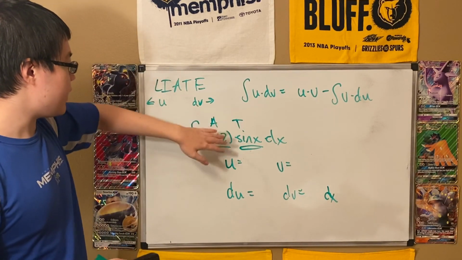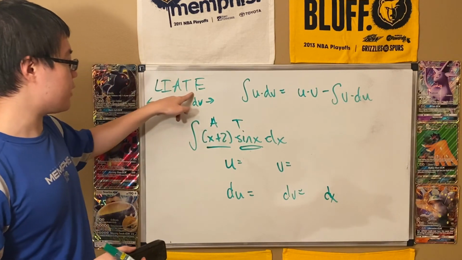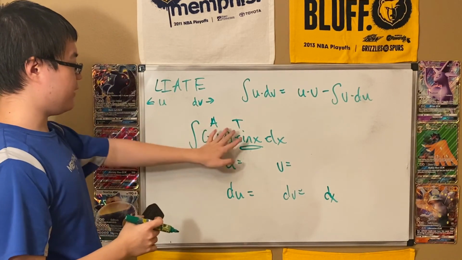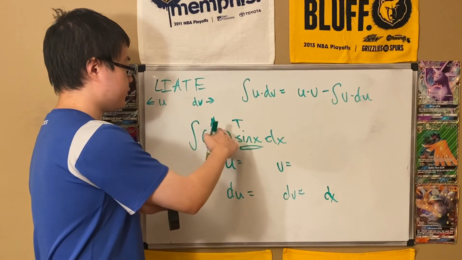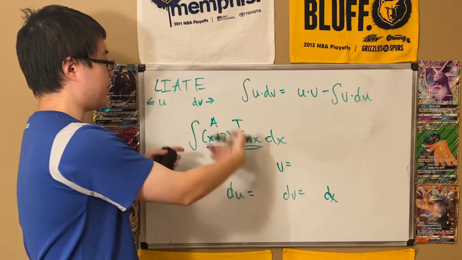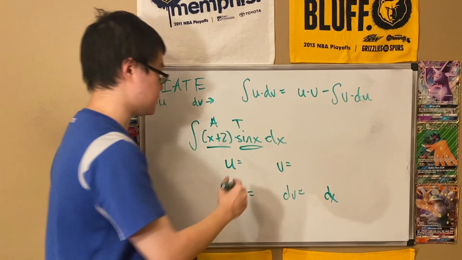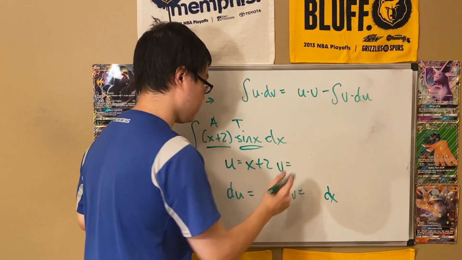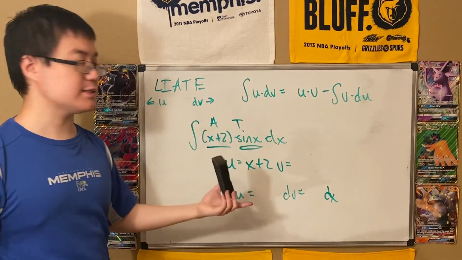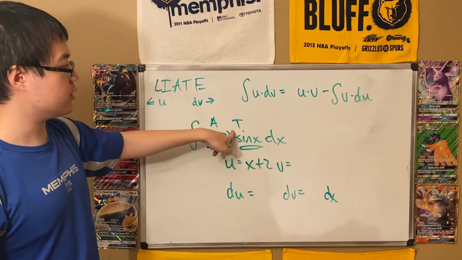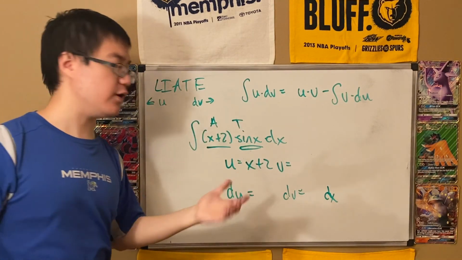Notice that A is to the left of T in the acronym, so that means that x plus 2 will be a better u. Even if this were reversed, we want the one for u that is on the left side of the acronym. A is to the left side of T, so we're going to write x plus 2 here. So x plus 2 is going to be our u. That makes our dv going to be sine of x because it's to the right side of the acronym, since we have algebraic and trig in the phrase LIATE.